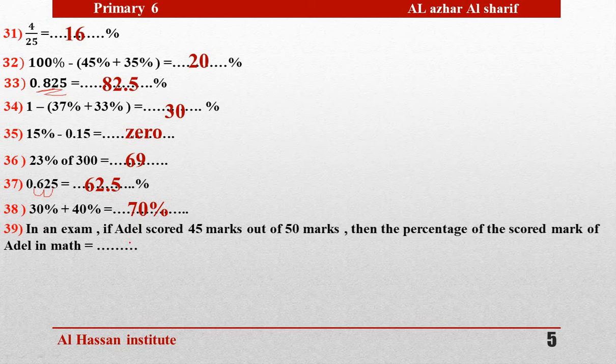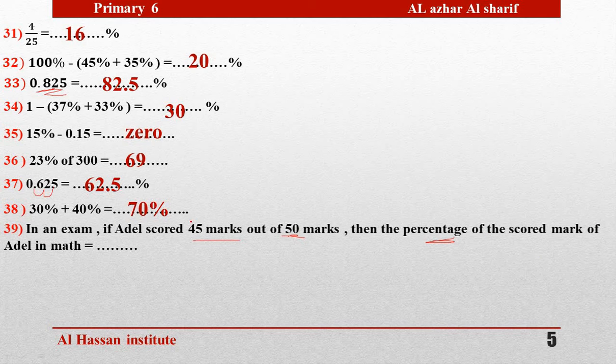In an example, if Adil scored 45 marks out of 50 marks, then the percentage of the marks scored by Adil in math. Here in this example, I want to find the percentage in math.